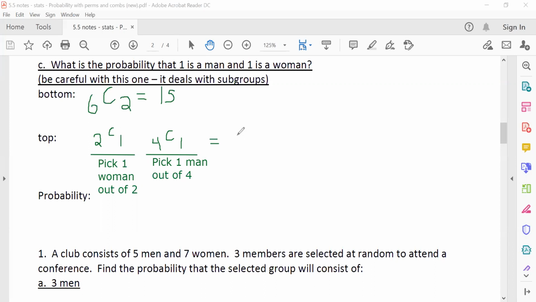And if you do each of those, 2C1 happens to be 2, 4C1 happens to be 4, and we multiply them together. And that's going to be 8. And that's going to make up the last piece of this.